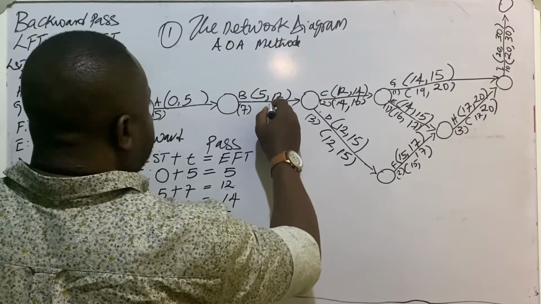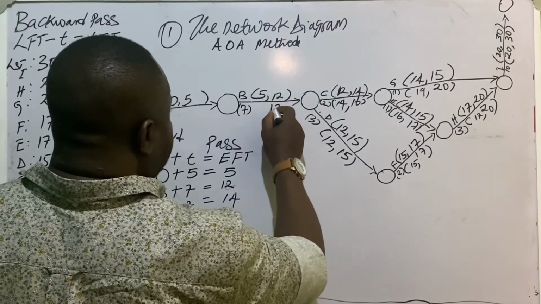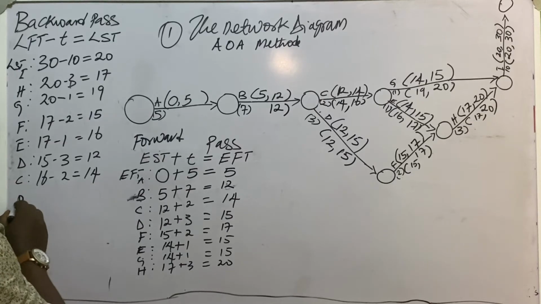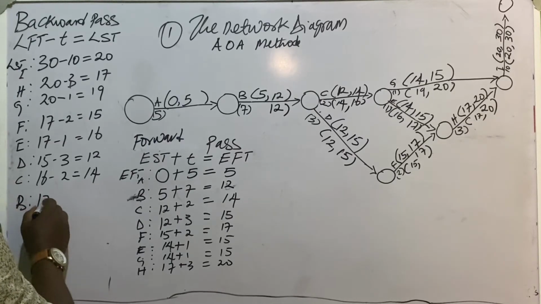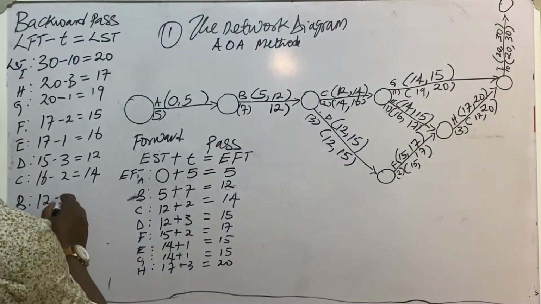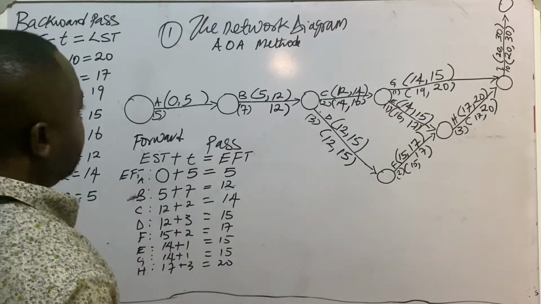So for the latest finish time of activity B, we're going to have 12, and B will be 12 minus the activity time, which is 7, so I'm going to have 5.